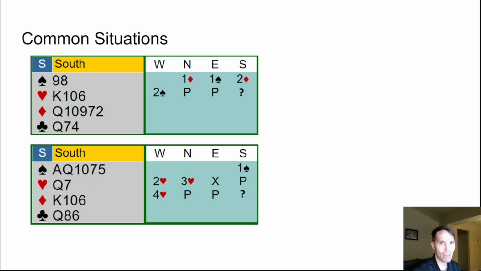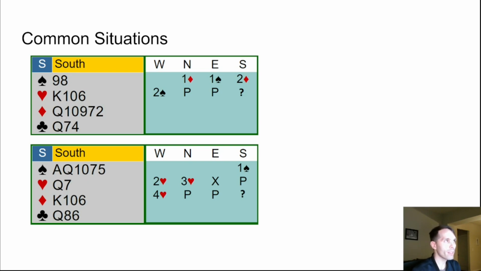Now, I'm not going to come back to these. I think both of these scenarios, or both of these hands in particular, are rather straightforward at all forms of scoring. In the first one, I would bid 3 diamonds 100% of the time, no matter what form of scoring, no matter what the vulnerability. The second scenario, I would be passing 100% of the time, regardless of vulnerability, regardless of form of scoring.